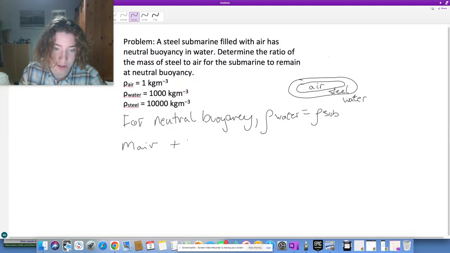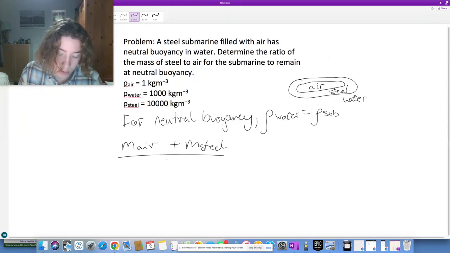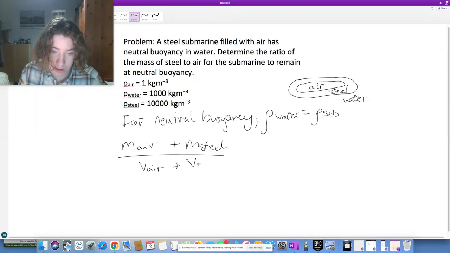and the mass of steel m steel, we need to know that the total, so the net density of the submarine, has to equal the net density of the water. So the net density is given by this, which equals the density of water.